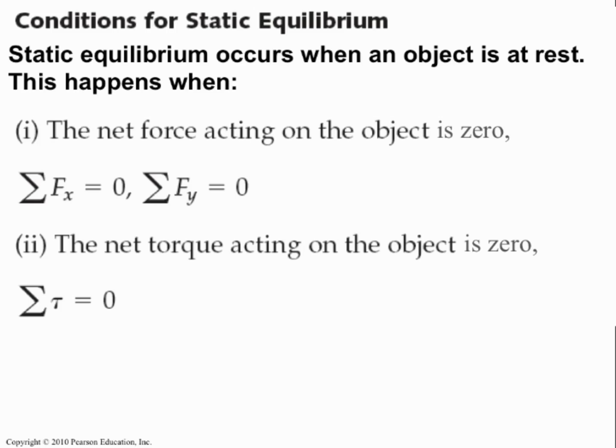So when you have an object or a system of objects in which there is no net force, that is, the forces cancel each other out, and no net torque because the torques cancel each other out, then you have static equilibrium. Now, as always, the best way to clarify concepts is by example, and so we're going to look at two examples of static equilibrium.